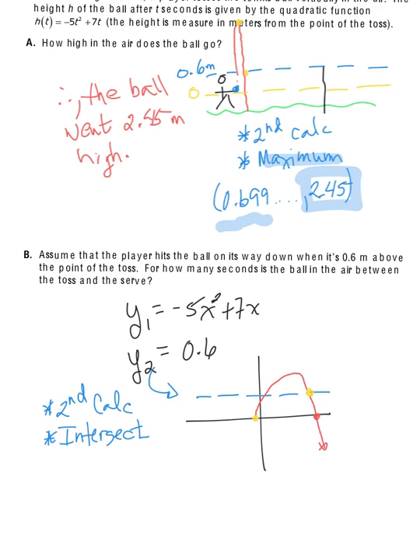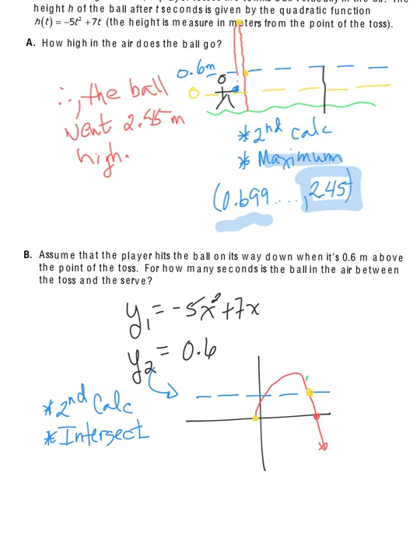So when you go into second calc and you scroll down or hit 5 for intersect, make sure that the first curve is not down here, that you toggle it to the right until it moves closer to this intersection but not on it. So that's what I'm going to do, toggle to the right.